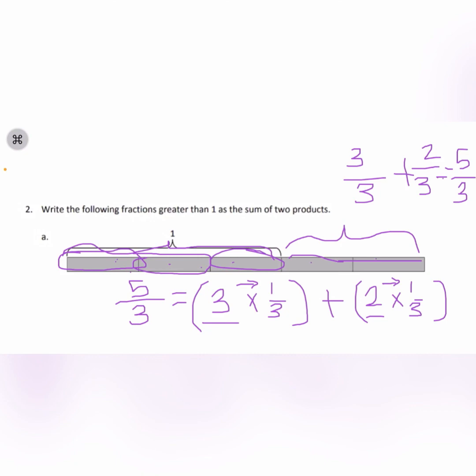Denominator stays the same. So you can always do a little check if you want to check your answer. But that's it. You're just breaking it into one whole. You're handling that, and then you're moving on to the second part, which is how much is remaining, and you're breaking that apart in the same way that we did in question number 1.